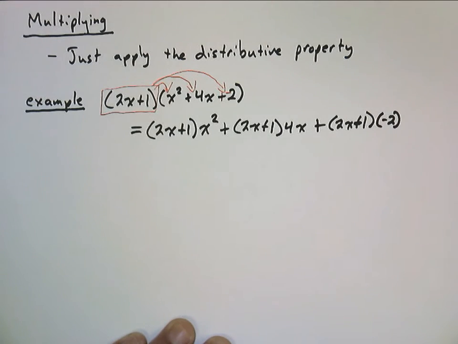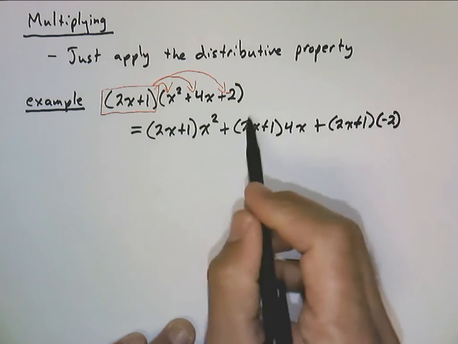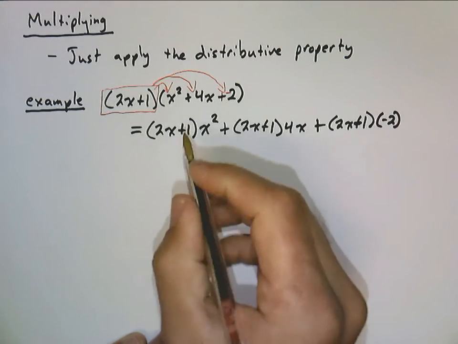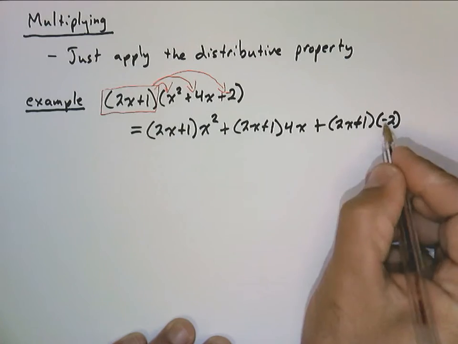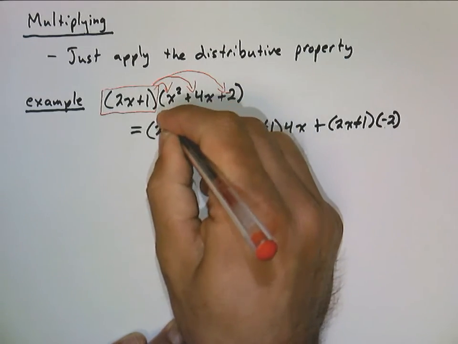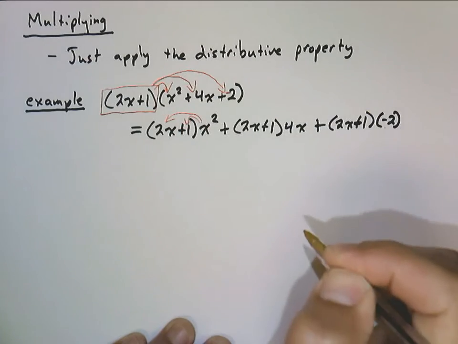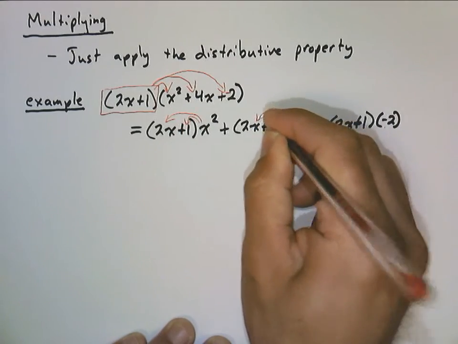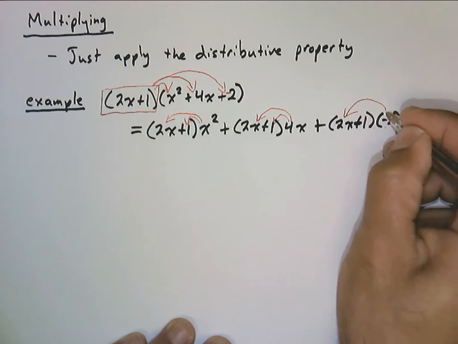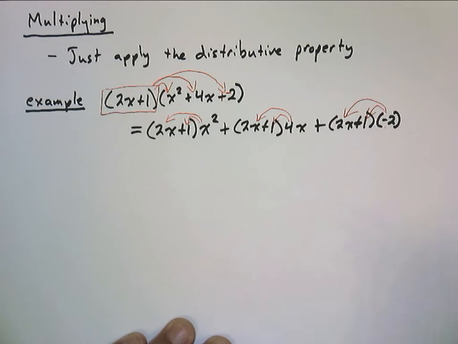Now, well, we've got more parentheses in here. We still need to simplify. So we're going to distribute each of these factors now back into each of these 2x plus 1s. So the x squared will go to both of those guys. The 4x will go to both of those guys. And this negative 2 will go to both of those guys.